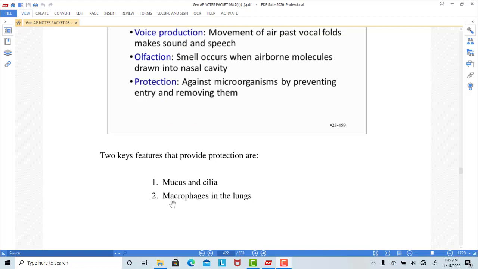Another thing that we see for protecting us against infection are these macrophages, and these are cells that are found inside the alveoli. These are a type of white blood cell found inside the alveoli that also prevent infection from something that would get inhaled actually into the lungs. But typically, most of our housekeeping is done in the upper airways with the help of mucus and cilia.